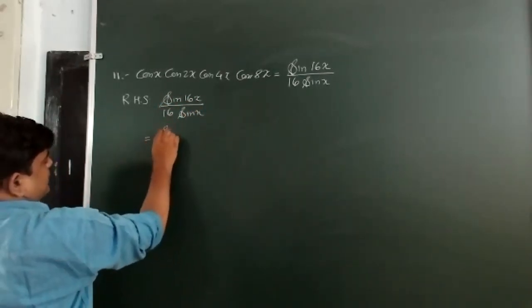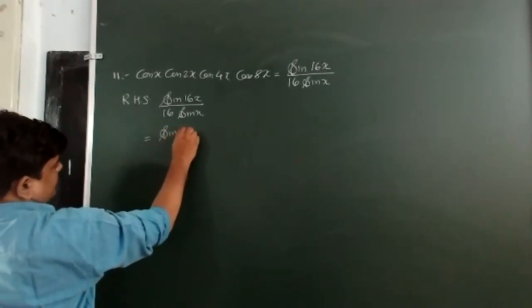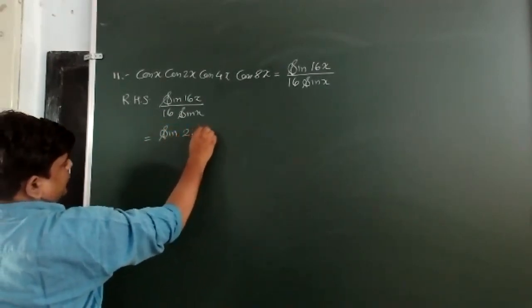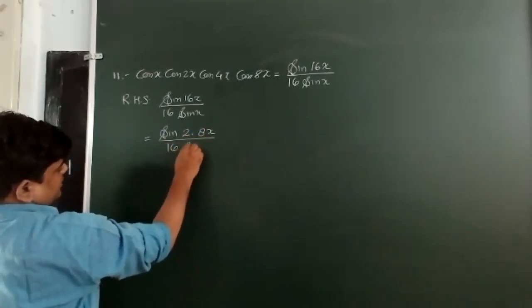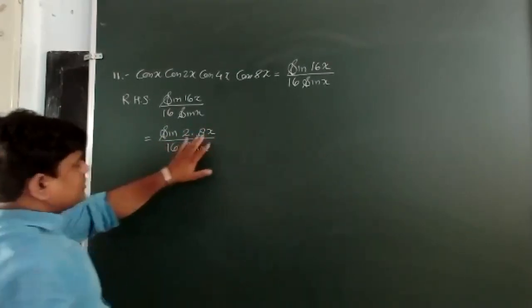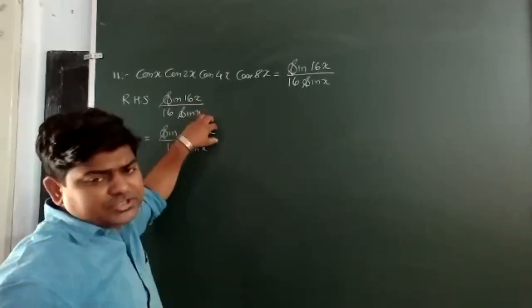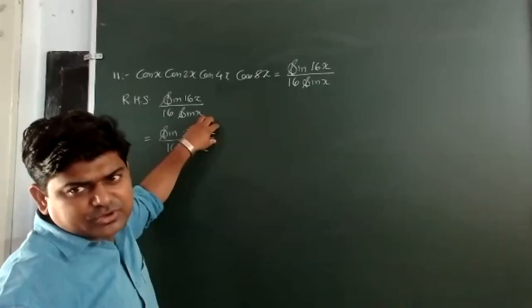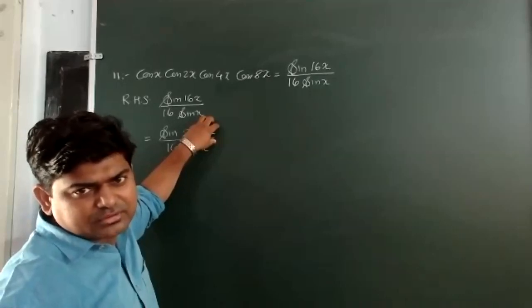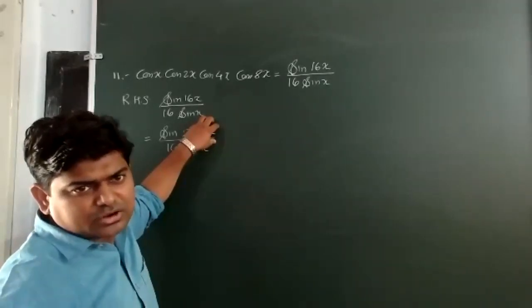It can be written as sin 2 into 8x whole upon 16 sin x. When I write it this way, for a few seconds 8x will be assumed as x. We have one formula, sin 2x is equal to 2 sin x cos x. Can we apply this formula or not?